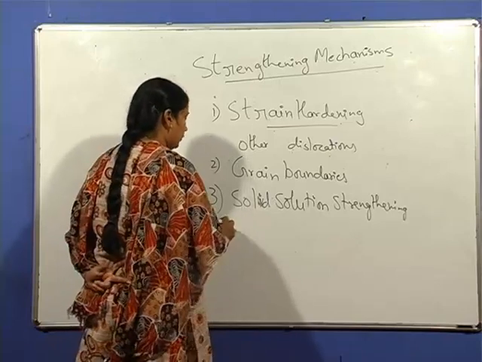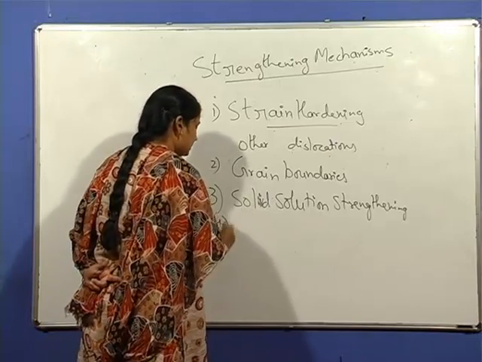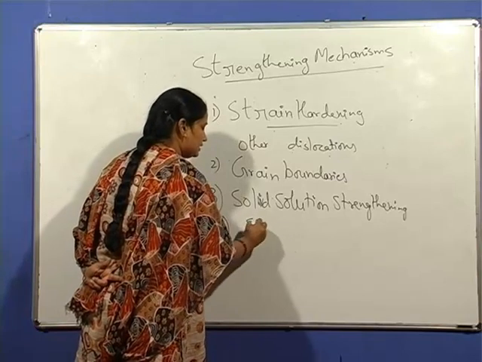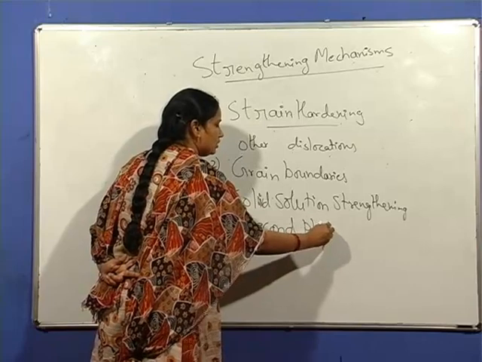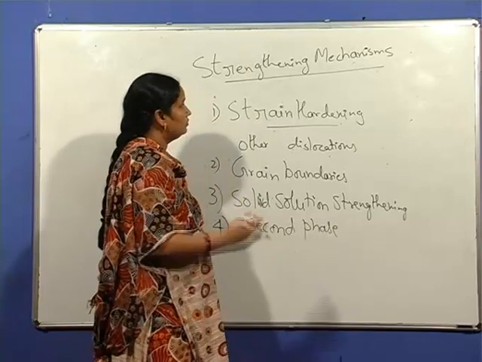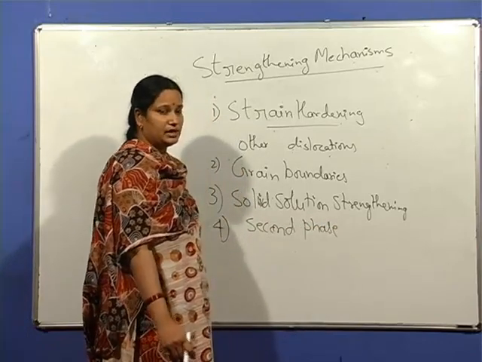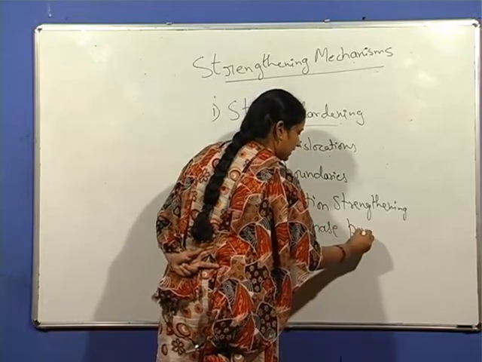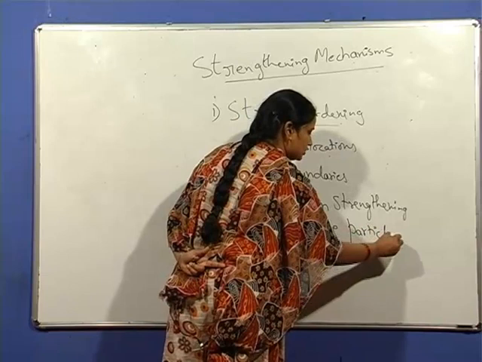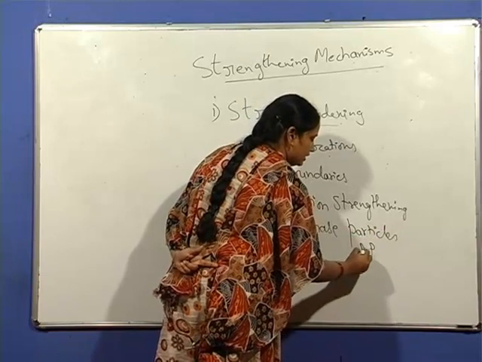And the fourth type of strengthening is second phase particles. Second phase particles contribute to the strengthening of a material. They can be precipitates or dispersoids, so these are of two types.